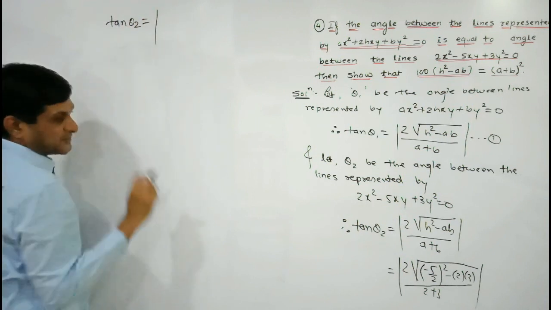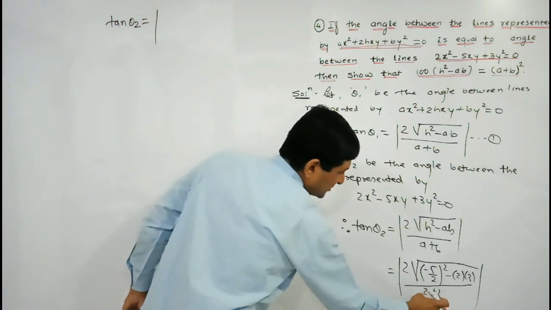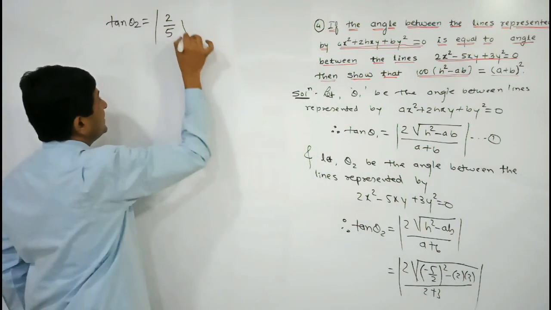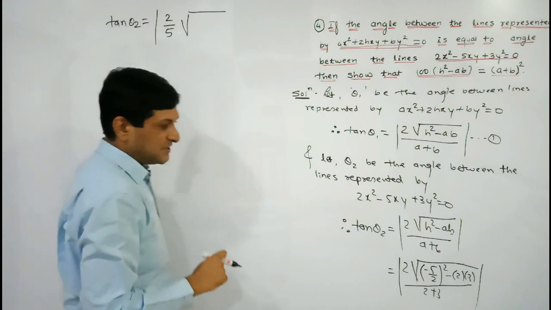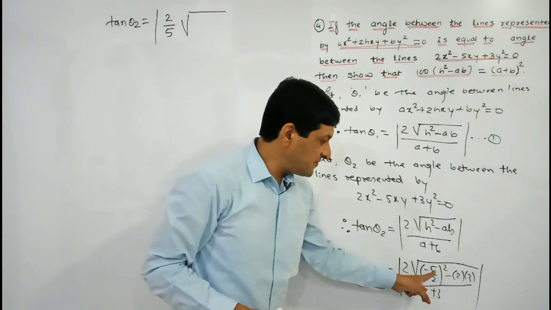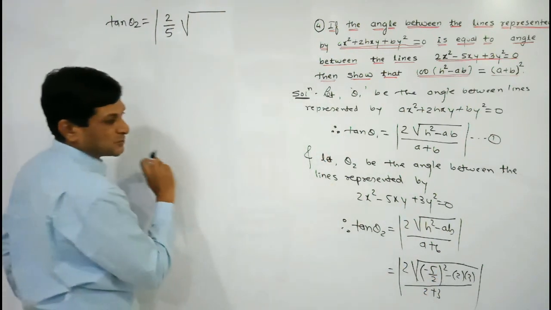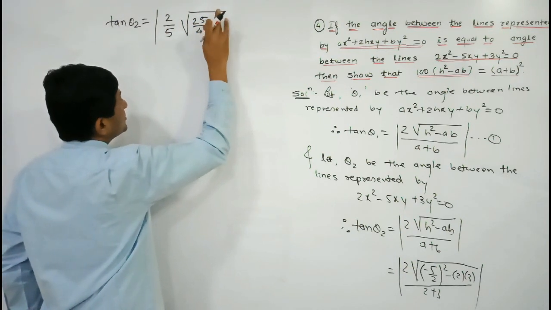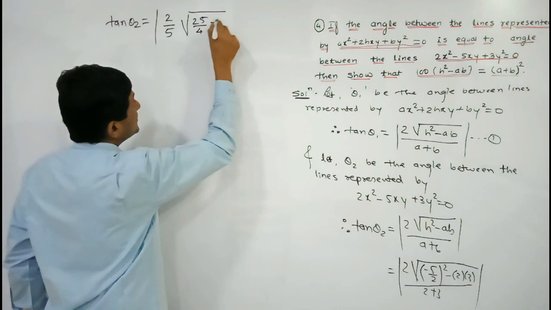So this is equal to, keep this 2, and 2 plus 3 is 5. 2 by 5 I am writing on one side. Here in the root let us see what we get. Its square is 25 upon 4 minus 2 into 3, which is 6. So 25 upon 4, not into, minus 6.